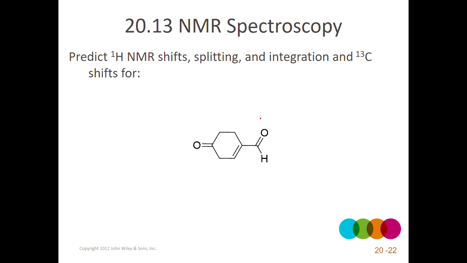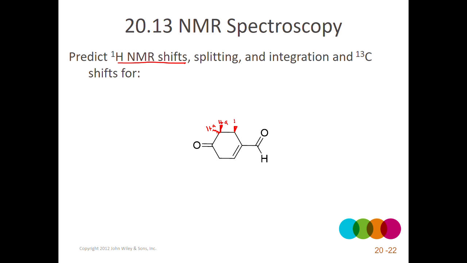All right, so let's see if we can apply these ideas to the structure. If we're dealing with shifts for the proton NMR, we would want to draw in all the hydrogens. Make sure we figure out how many signals there are. So there's no chiral center here, so these two hydrogens should be equivalent. They have the same environment due to the structure around them being equivalent for the hydrogen that's pointing out at you versus the hydrogen that's pointing away.